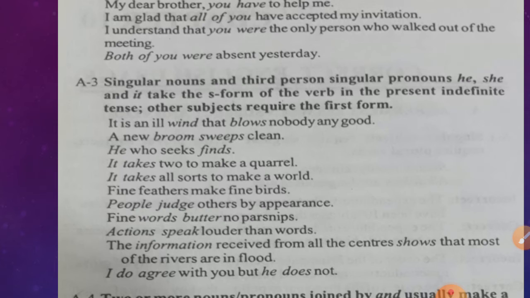Broom is a singular form, so we will have to put an s with sweep. He who seeks finds. Now, who is representing he? So we will have to put s with seek and find.